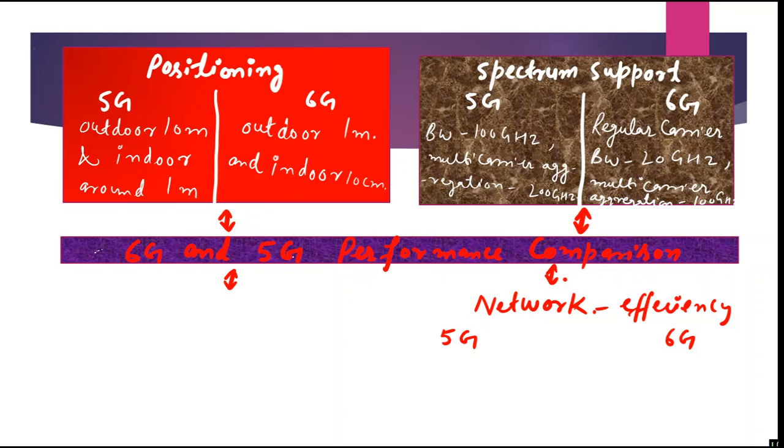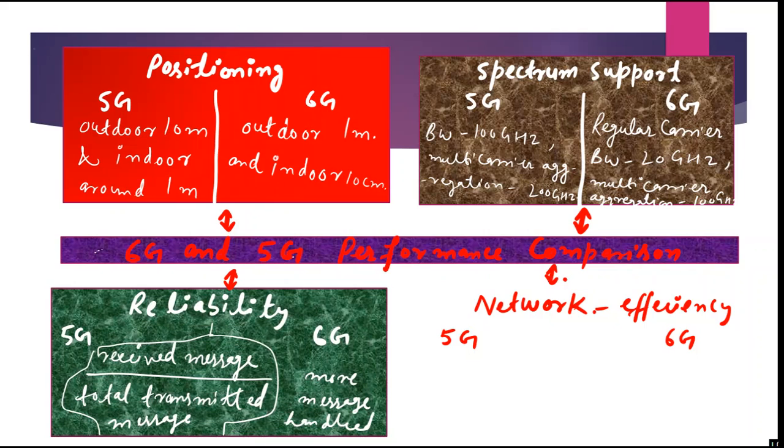Because in 6G the antenna size is very small, and it will work on very high frequency, so the electromagnetic wave or carrier signal will travel only very short distances. So the bandwidth used is 20 gigahertz, and for multi-carrier aggregation, it is 100 gigahertz.